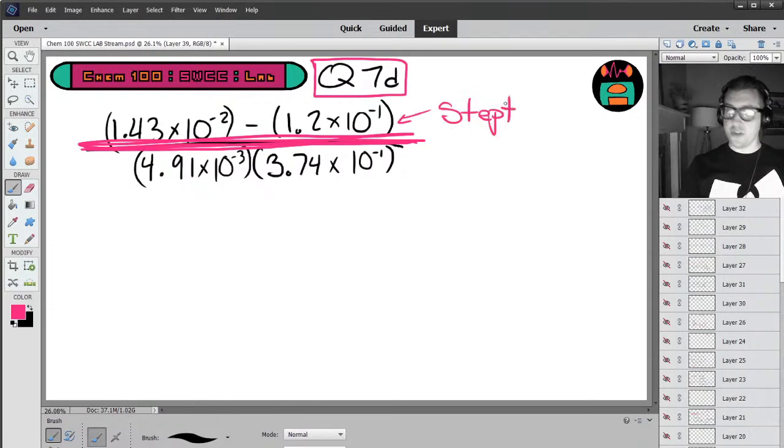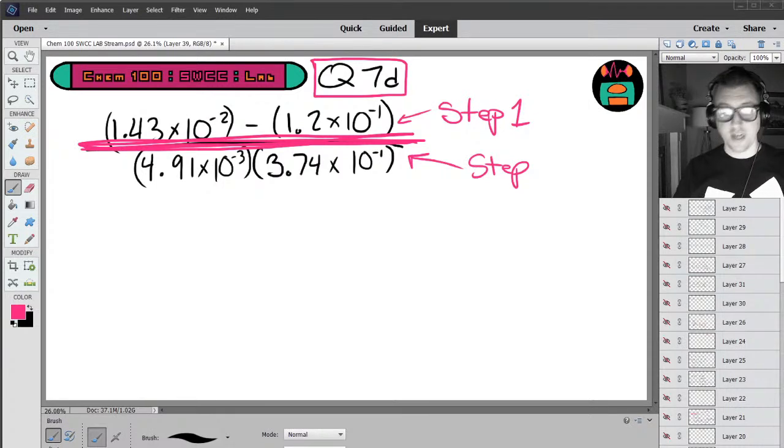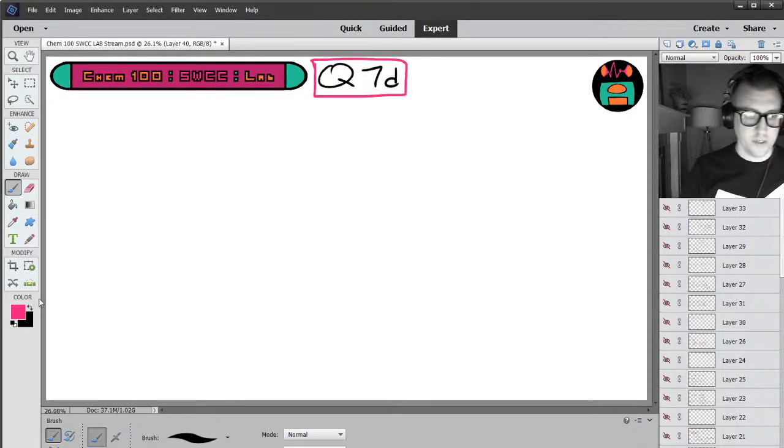So just figure out the numerator in isolation of the denominator. Second step, figure out what the denominator is equal to, evaluate the denominator, and then bring them both back together and evaluate this thing as a whole. All right, so we're going to handle step 1 first.